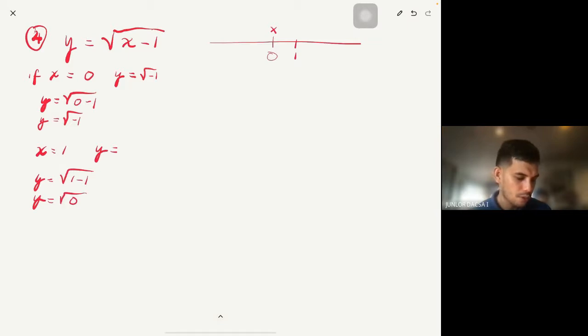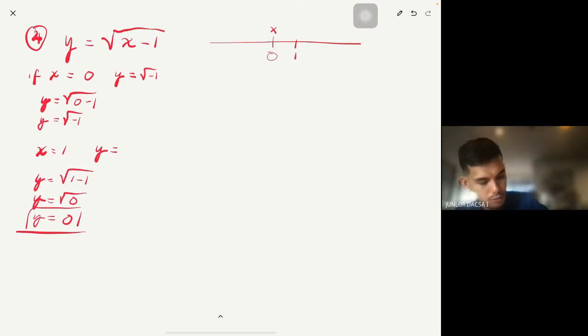No? Then square root of 0 is 0. Ayan. Okay? So, ibig sabihin, kung siya ay gagawin nating ordered pairs, yung unang nakuha natin is 1, 0.